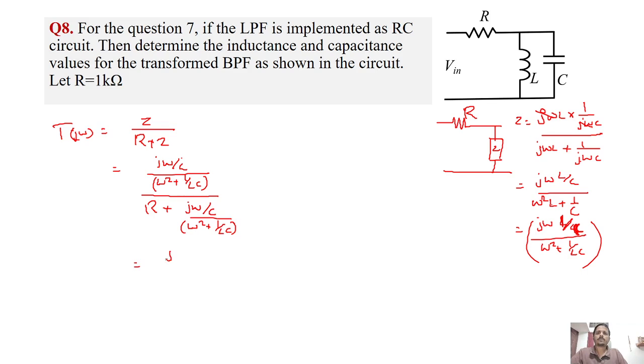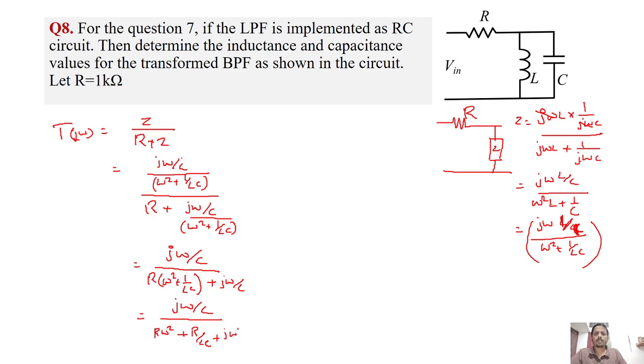So I'll get R into omega square plus R by LC plus j omega by L.